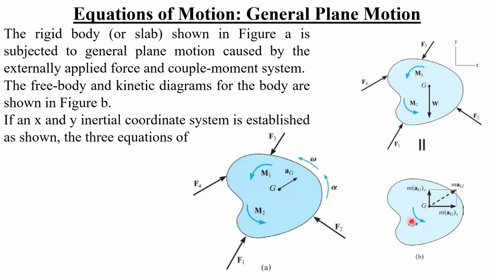So if an x and y inertial coordinate system is established as shown, the three equations of motion are summation Fx is equal to m a_Gx, summation Fy is equal to m a_Gy, then summation M_G, that is the summation of all the moments about the mass center, is equal to I_G alpha.